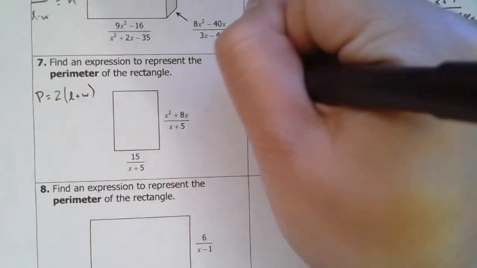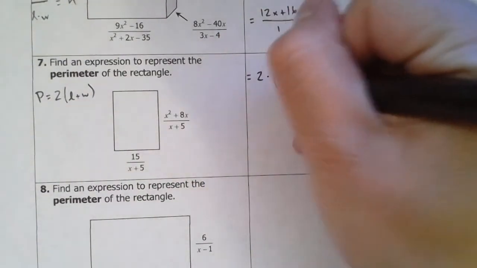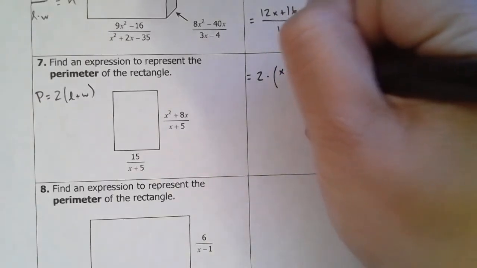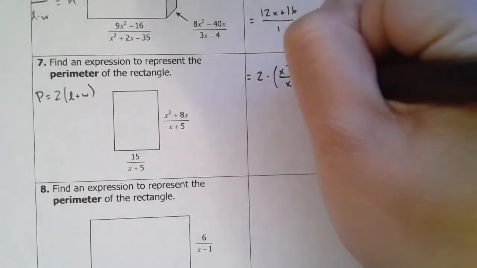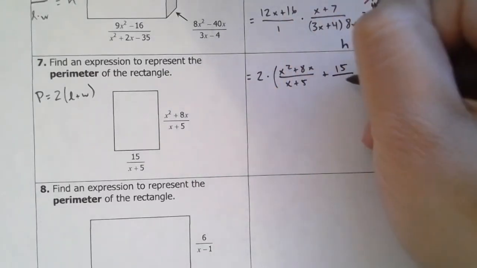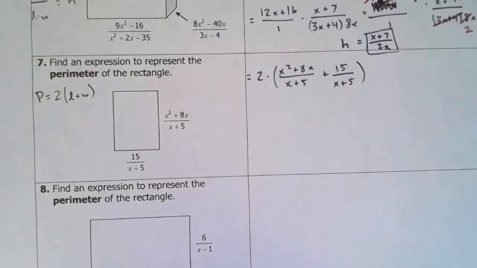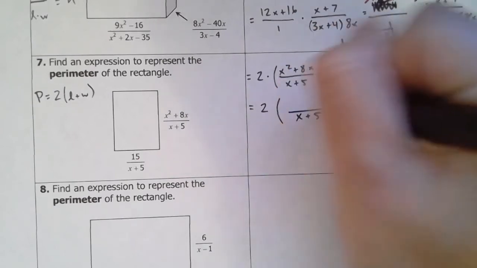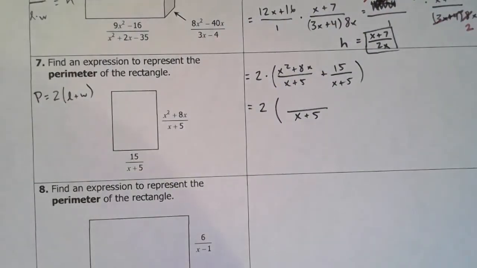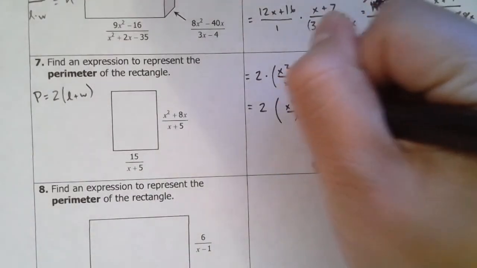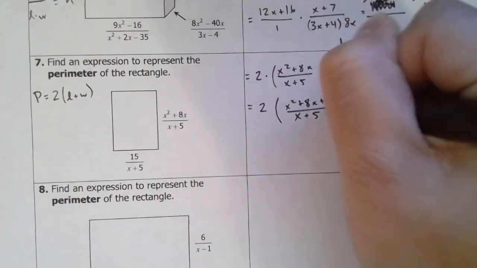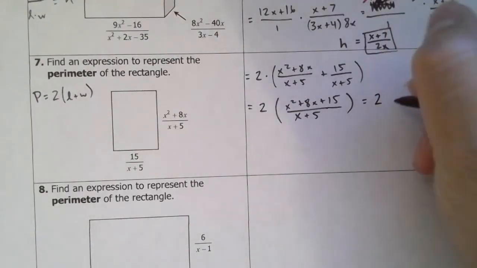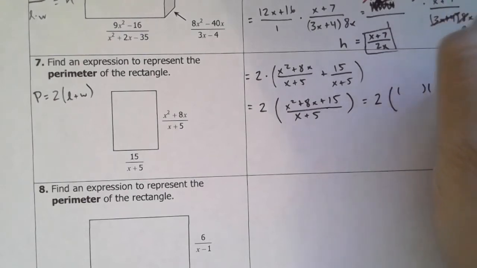So that's equal to 2 times, and then you have the sum of 2 fractions here, so x squared plus 8x over x plus 5 plus 15 over x plus 5, and then this becomes 2 times, we're adding fractions, right, so the denominator stays. The top here becomes x squared plus 8x plus 15, but then I can factor out the numerator, right?